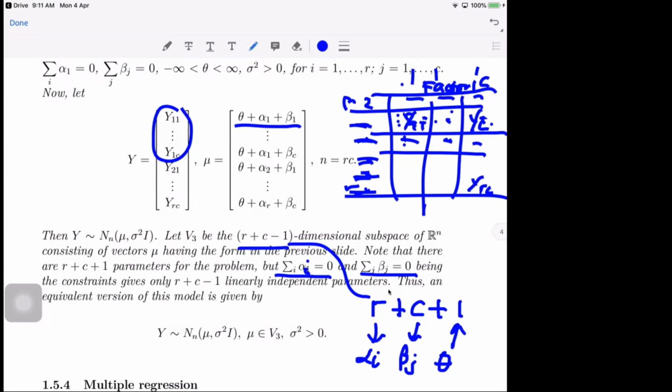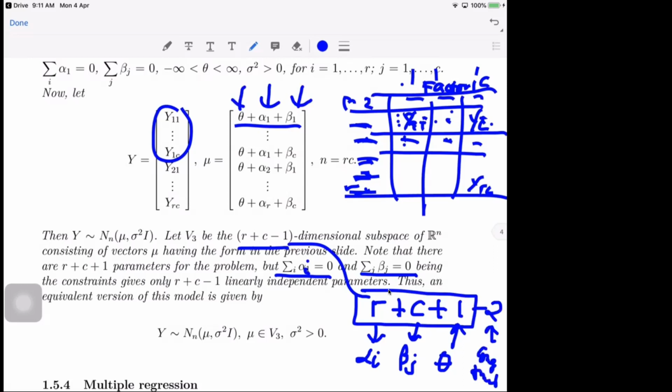Because you will see later in ANOVA how there are 3 parameters here, but then again, the design matrix will be linearly dependent. So to make your estimates estimable, or so you can estimate them uniquely, you have to set some constraints on that. Originally, this is the dimension of your V3, but you have to subtract the number of constraints.